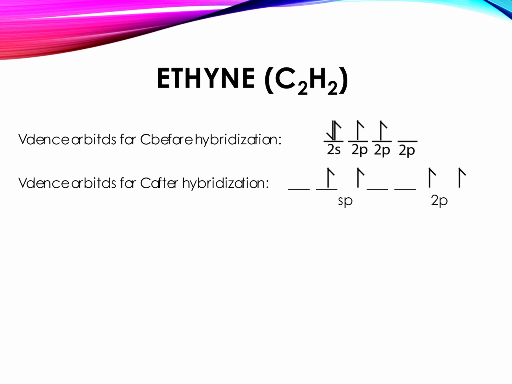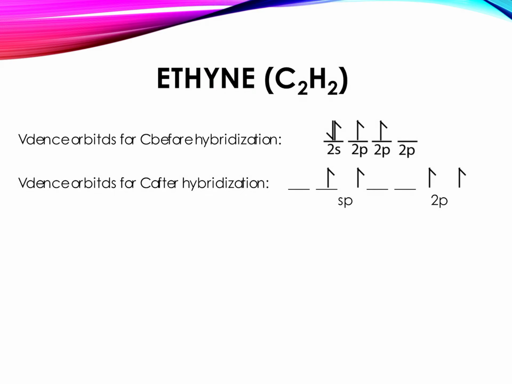Ethyne. So we have, again, the valence orbitals for carbon before hybridization, and then after. The Lewis structure first. If we drew C2H2, there would be a triple bond, and then a single bond going to each of the hydrogens.